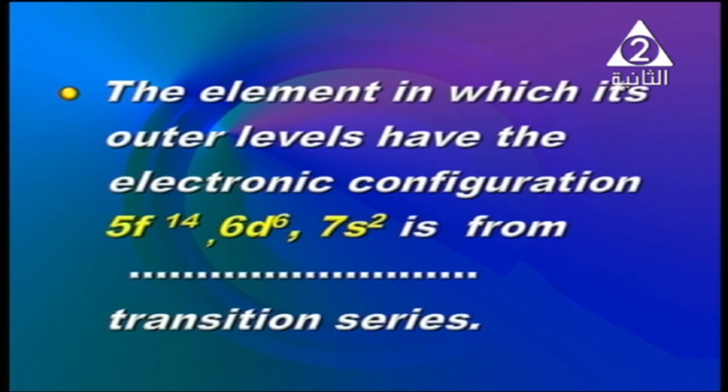My dear student, in order to answer this question, you have to look at the d sublevel here. It's not completely filled yet. But here, the 6d is filled after 5f. So we will find the answer.